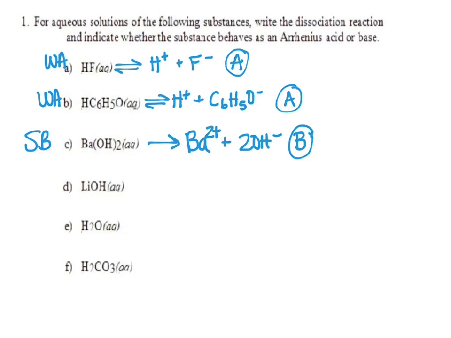Right, they bond again. Strong acids and bases completely dissociate, so they do not go back the other way. So we have that one-sided, single-headed arrow.